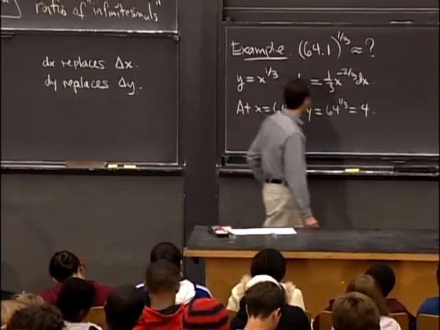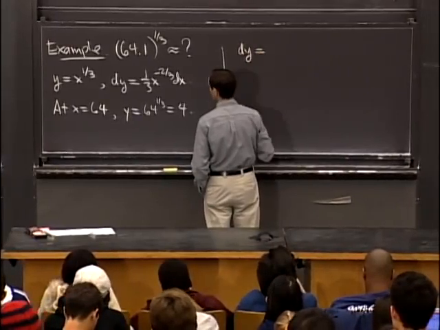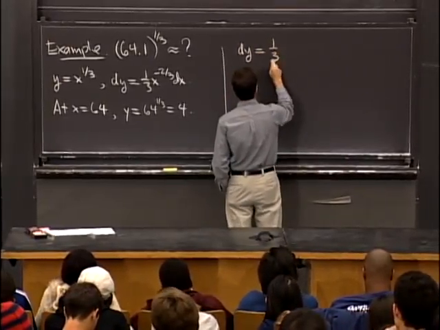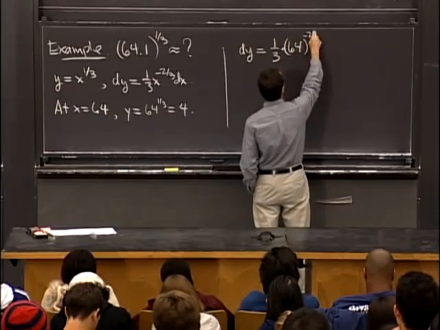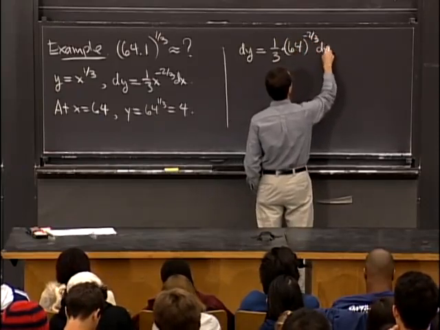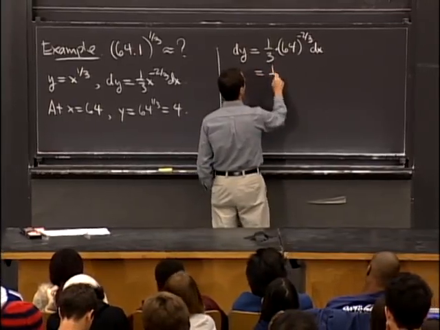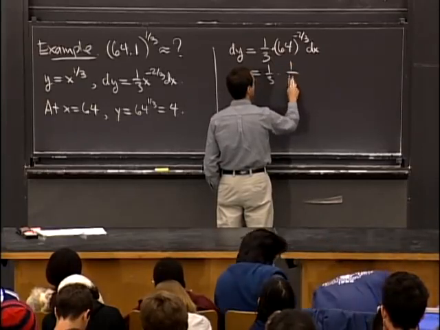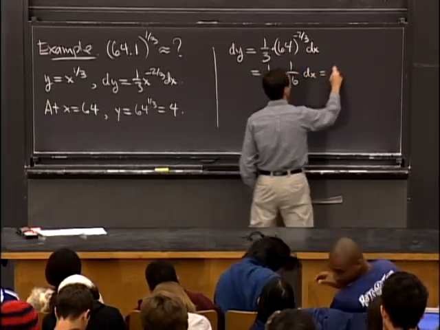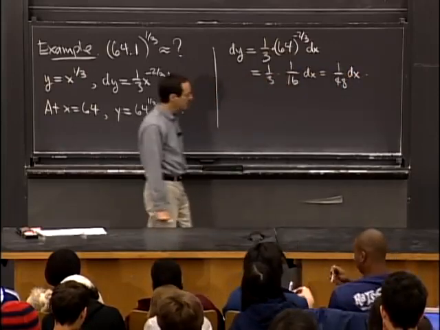This is a little bit more complicated. dy is 1/3 times 64 to the minus 2/3 dx. And that is 1/3 times 1/16 dx, which is 1/48 dx.